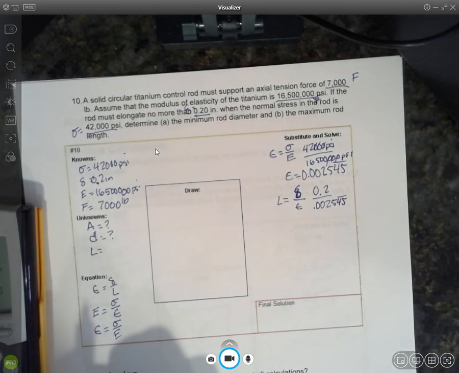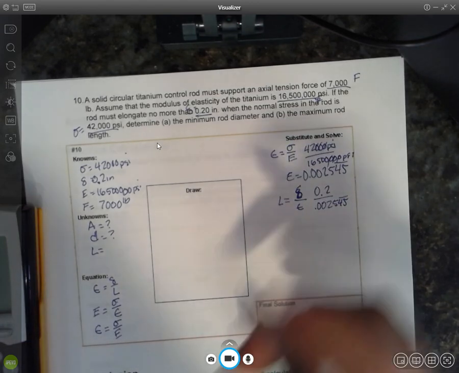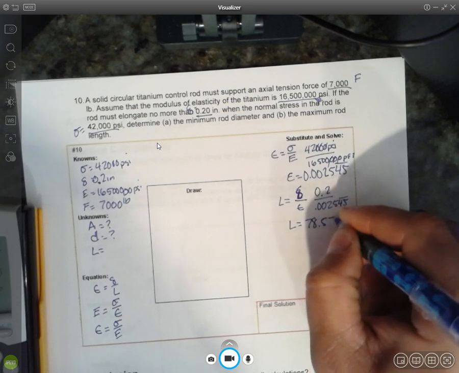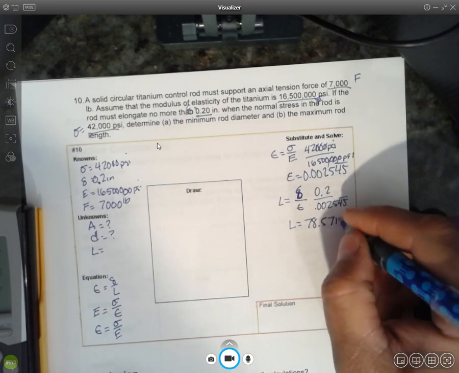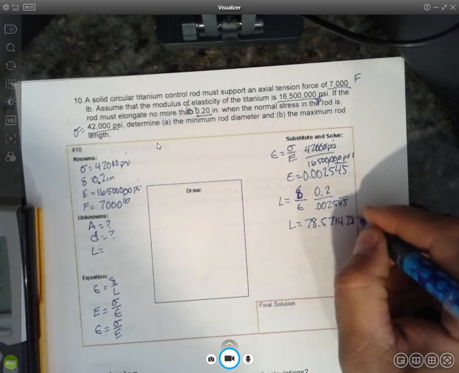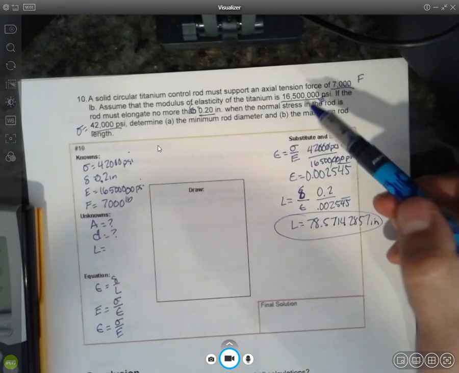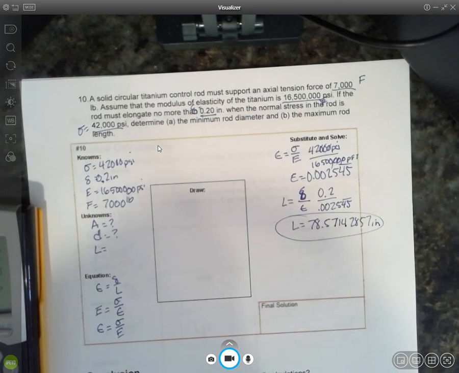So 0.2 divided by the answer. And that gives me a length of 78.57142857 inches. All right, so that is the maximum rod length that we can have.